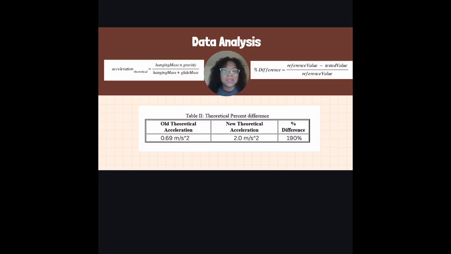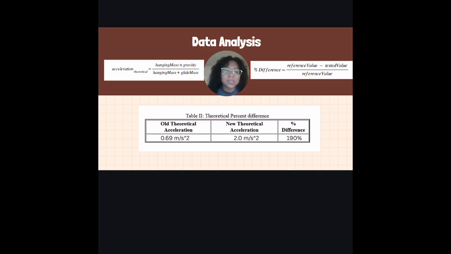Using a similar process from the previous lab, number 3, we got our old theoretical acceleration of 0.69 meters per second squared, and then we calculated our new theoretical acceleration using the same formula of the hanging mass times gravity divided by the hanging mass plus the glider mass. And that's how we got the 2.0 meters per second squared.